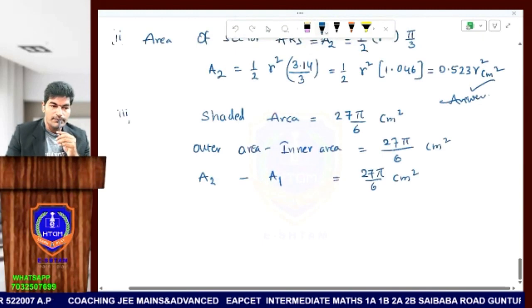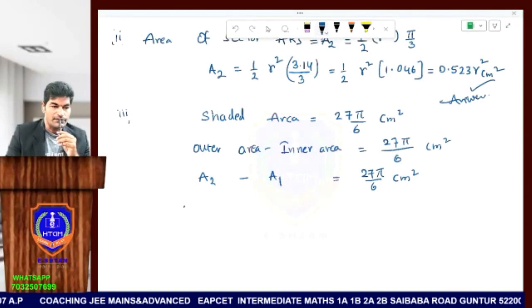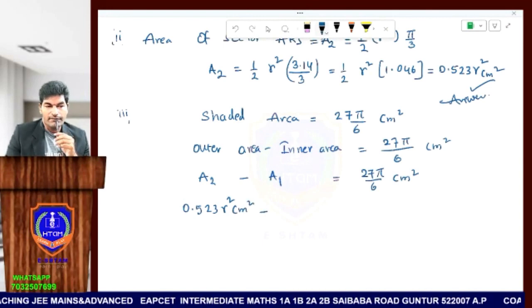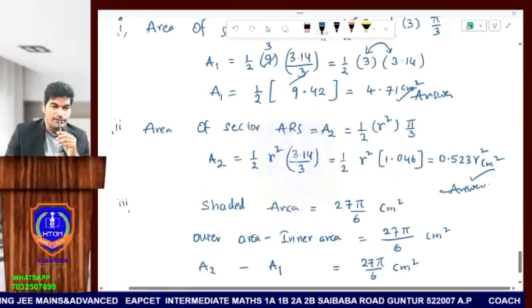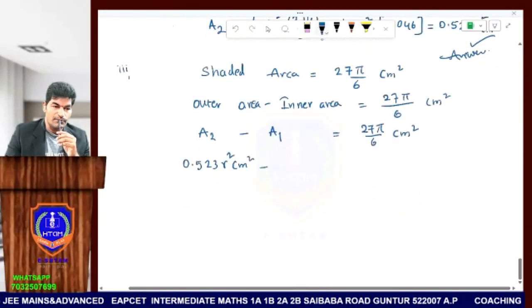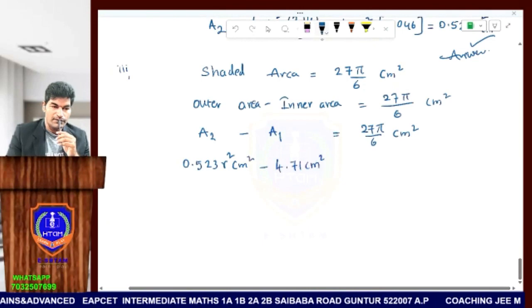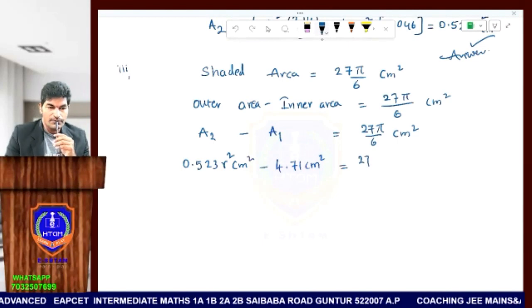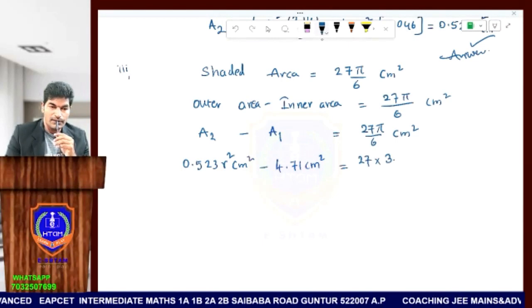Now, what is A2? Look at here, you can take that value. 0.523 r square centimeter square minus what is A1? A1 is 4.71 centimeter square. That is equal to, can you calculate this value? 27 into pi means 3.14 divided by 6.